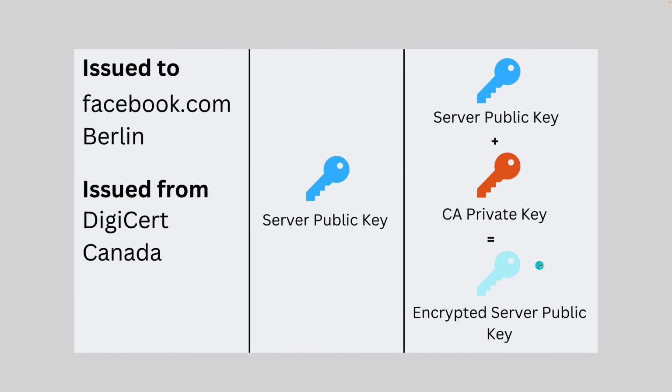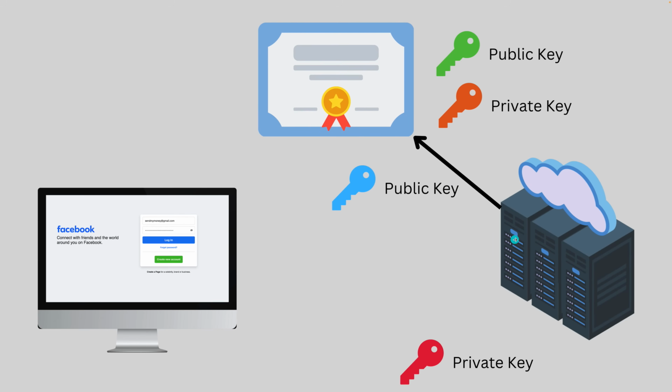Okay, so that's good. Now, this is the third part right over here, and this is where things get really, really important. What the certificate authority is going to do now is take the server public key and encrypt it with the certificate authority private key. And now what we have is an encrypted server public key. Okay, so again, let's go through this again. We have the public key and we have the private key of the certificate authority.